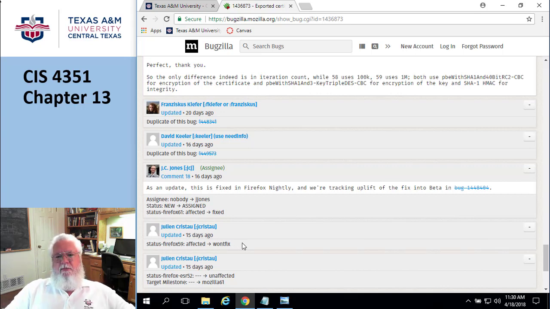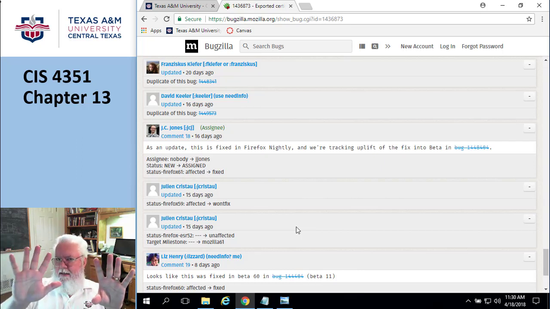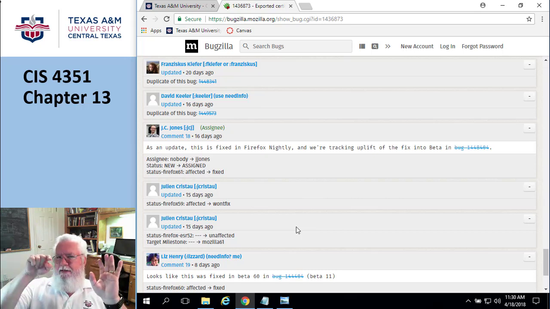What they basically meant was the target is the next version, which is number 61. What they're basically saying is, we found it. We agree. Yes, it's a problem. It affects this version, but we're not going to fix it in this version at all. We're going to let that hang, and the fix is going to be in the next version.